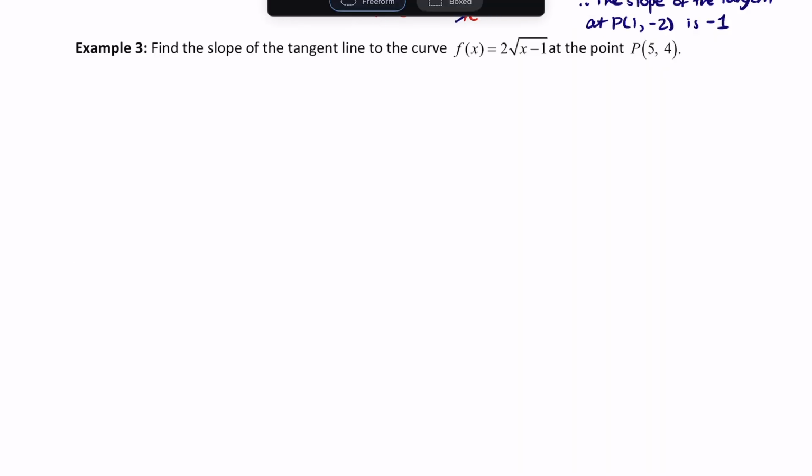Okay, so let's look at example 3, and here we're going to find the slope of the tangent line to the curve f(x) = 2√(x − 1) at the point (5, 4). So again, here we are given the point (5, 4), and we're given the function.